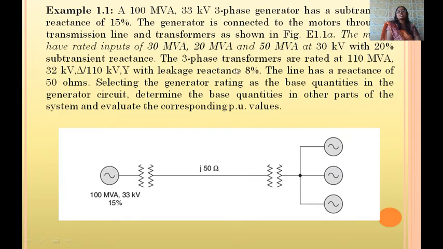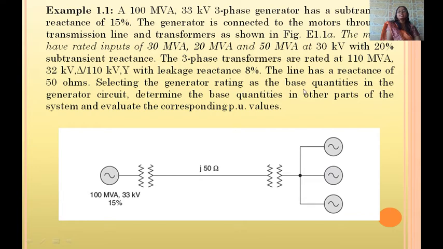The 3-phase transformer is rated 110 MVA, 32 kV by 110 kV, delta star. The primary side is delta connected, the secondary side is star connected. The primary side voltage is 32 kV, the secondary side voltage is 110 kV. This is a step-up transformer; for a step-down transformer it is reversed. The transmission line has a reactance of 50 ohms.